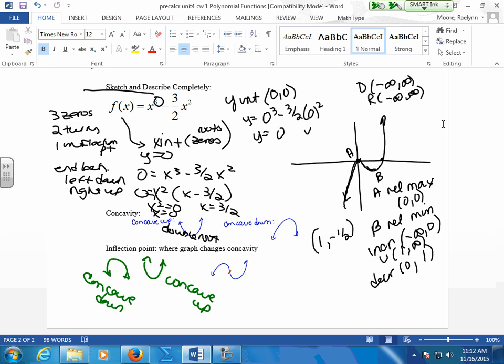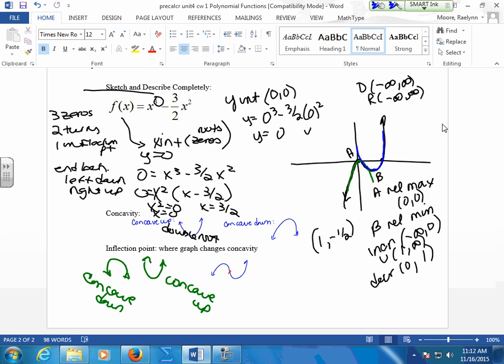Now, watch up here for a second. We're looking for caves. I see a cave right here. He's concave down. Okay, now I see a cave right here. He's concave up. Somehow, they shared the same interval in my function.